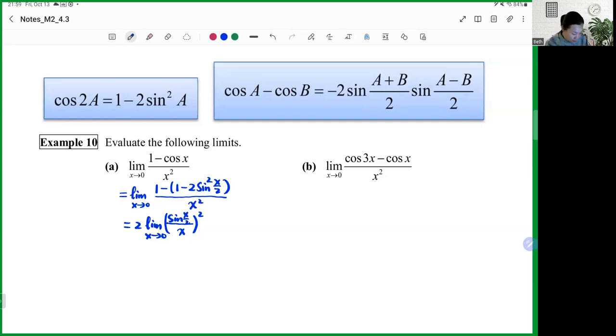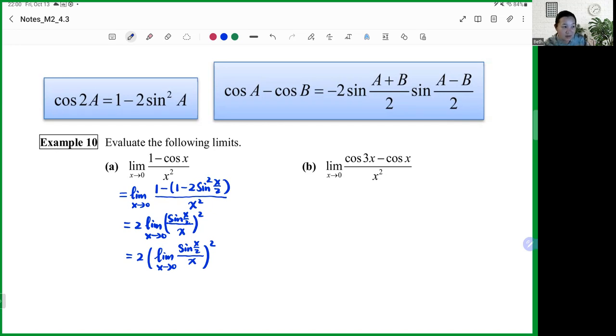Okay. And then we know that the limit can be put anywhere inside the function, so I'm actually going to take the limit inside the square. Before it was the limit of the function squared.